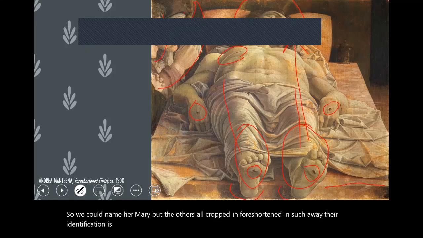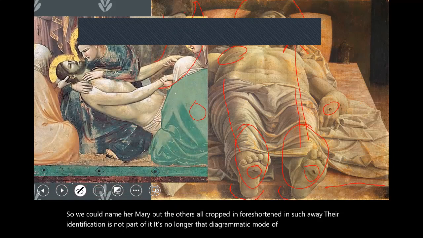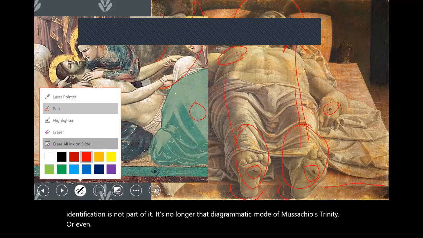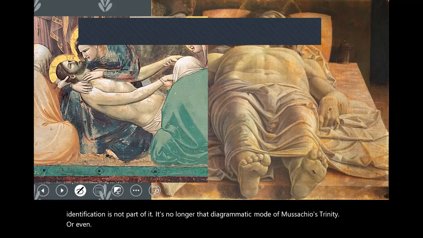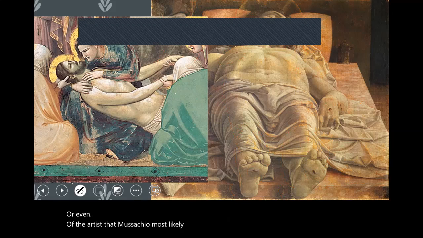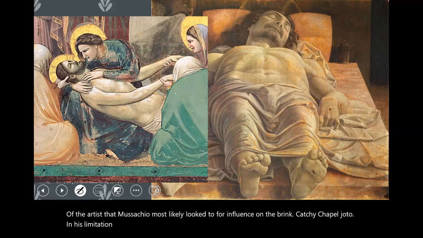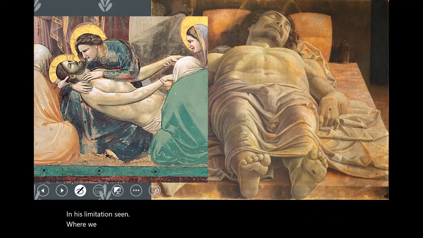It's no longer that diagrammatic mode of Masaccio's Trinity, or even of the artist that Masaccio most likely looked to for influence on the Brancacci Chapel, Giotto, in his lamentation scene, where we are bystanders. We are not one of the mourners.